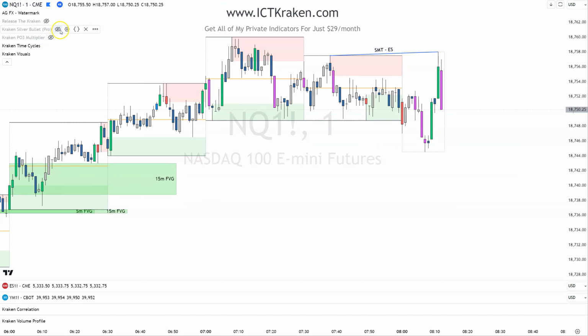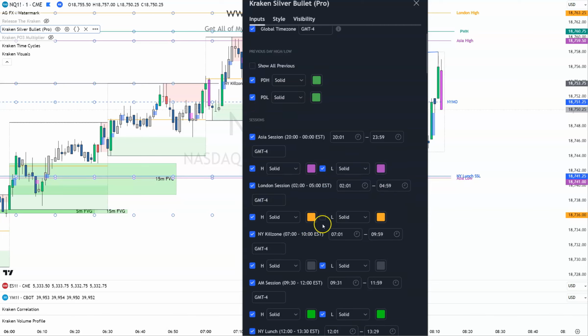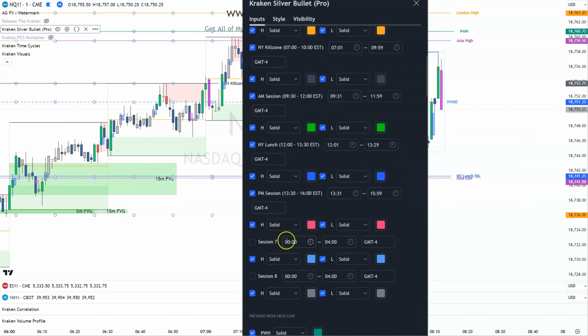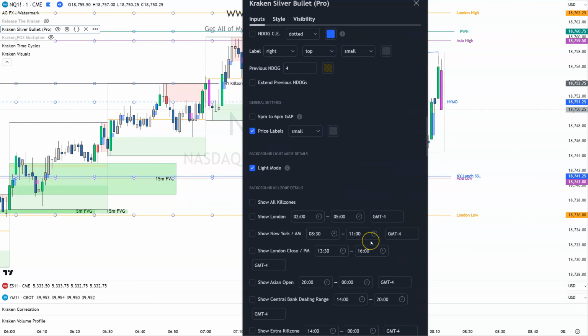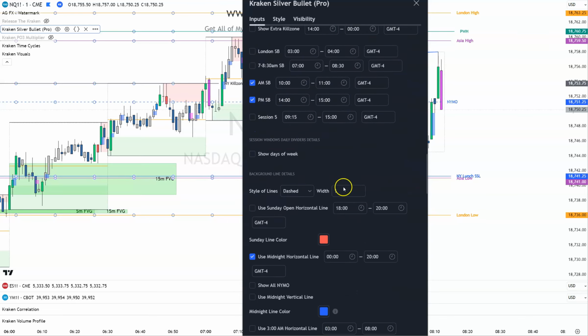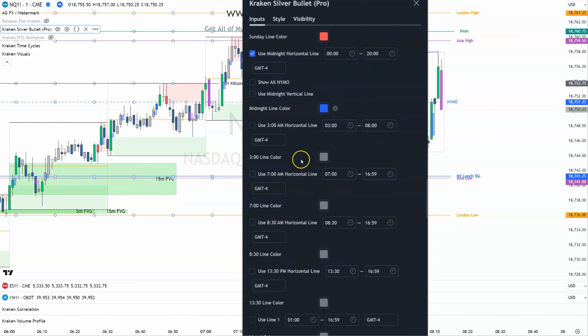Let's turn on this Kraken Silver Bullet Pro. I think I have everything turned on. Let's see. Oh, nope, got London. Gotta check the boxes here. Make sure everything's on. Okay, perfect. Let's see if I have both silver bullets on. I don't need the vertical line.